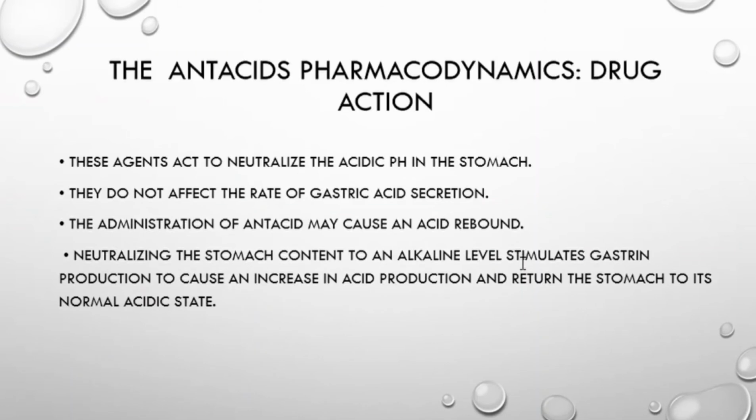And the antacid pharmacodynamics, the drug action: these agents act to neutralize acid pH in the stomach, and they do not affect the rate of gastric acid secretion. The administration of antacid may cause an acid rebound; neutralizing the stomach content to an alkaline level stimulates gastrin production to cause an increase in acid production and return the stomach to its normal acidic state.